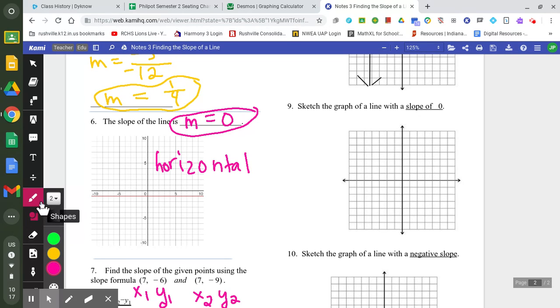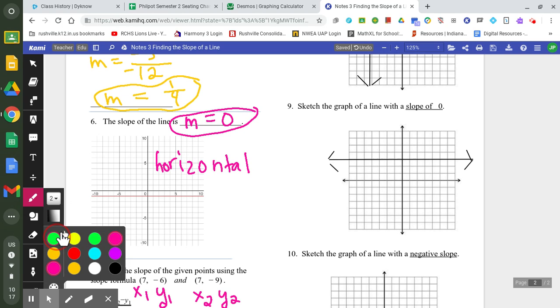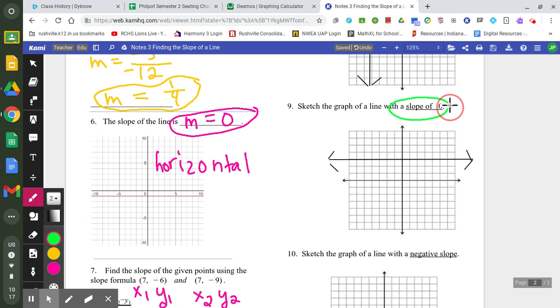Well, we just found that it's horizontal. And this is a horizontal line, and we always put arrows on the end. So that is a slope of 0. It is a horizontal line, just like this one.